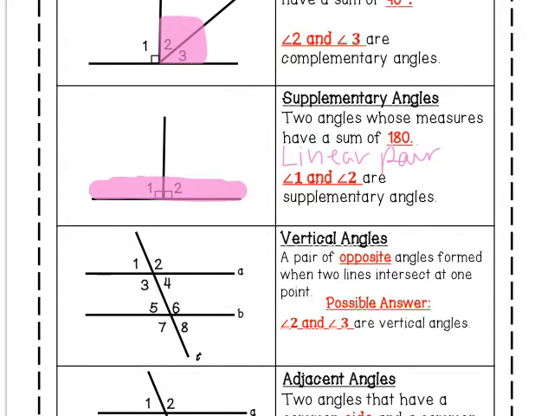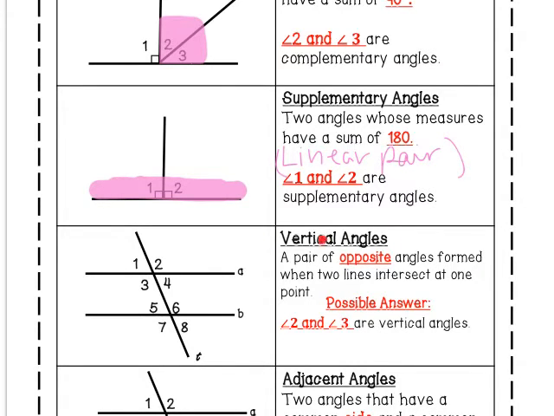Okay, so they form a 180 degree angle. Both of them are 90, and what's 90 plus 90? 180. Okay, so supplementary angles can also be called a linear pair, depending on how they're formed. Okay, so they have a sum of 180. Okay, so this is like sometimes, not all the times.